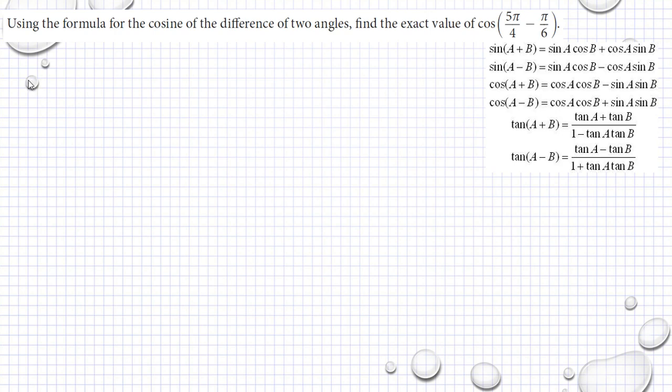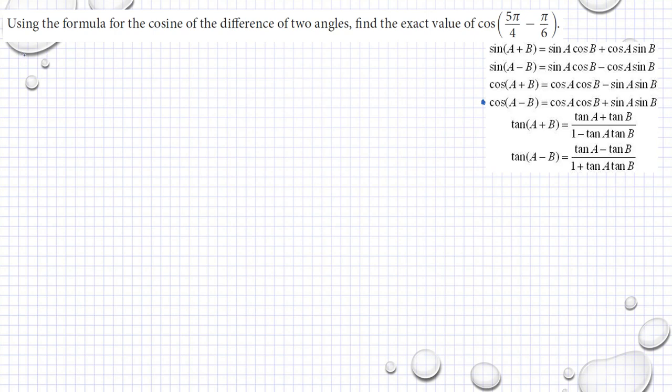Using the formula for the cosine of the difference of two angles, find the exact value of cosine of 5 pi divided by 4 minus pi over 6. Then we need to use this identity.